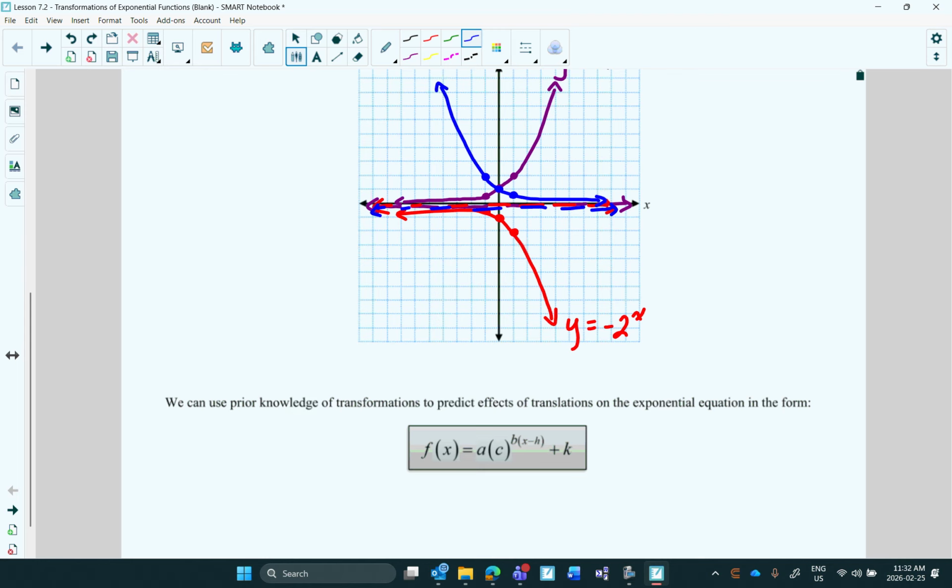B, horizontal stretch and flip if it's negative. Remember, the horizontal stretch is 1 over B. H, which way? Horizontally. This, vertical shift. So just keep that in mind.